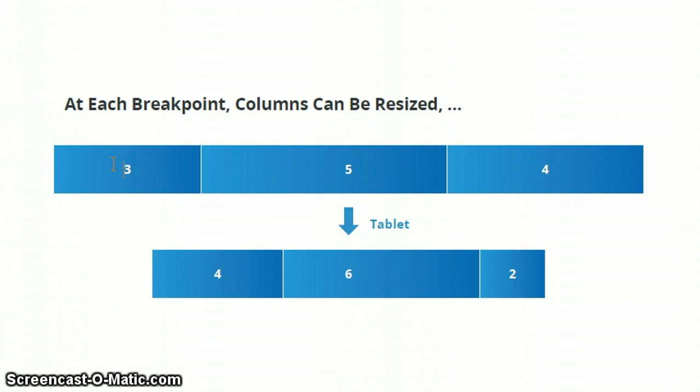One thing you can do is change the width of your columns after you hit the breakpoint, after you move from desktop to tablet. So you can choose to increase the size of your column on a tablet more so than it was sized on the desktop.